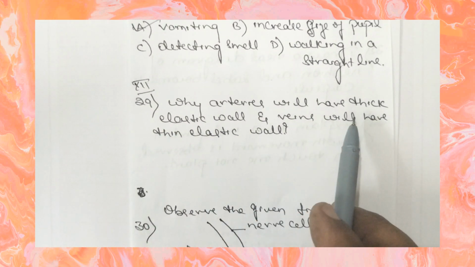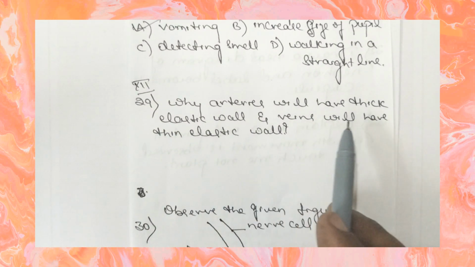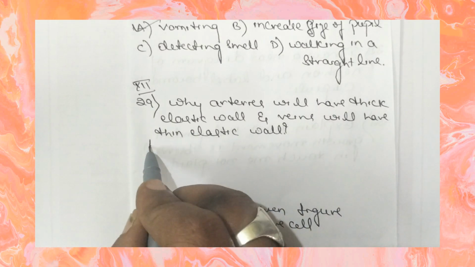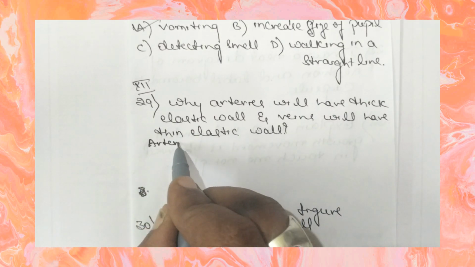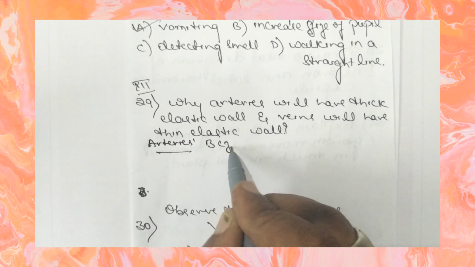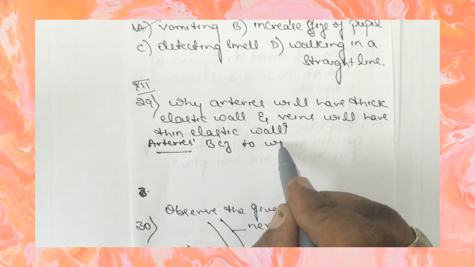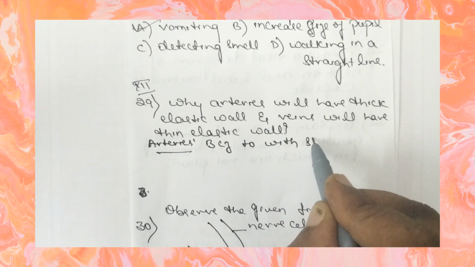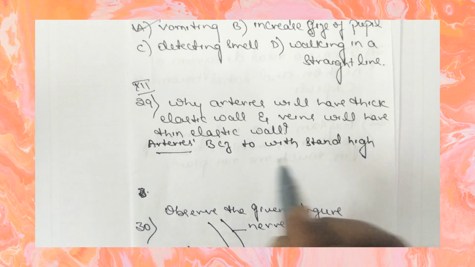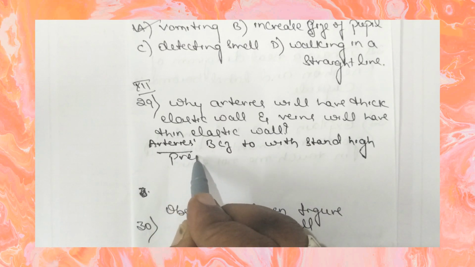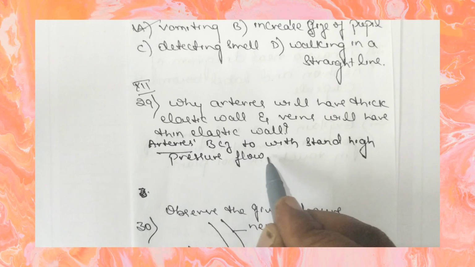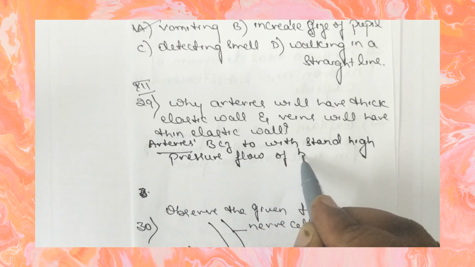So why will arteries have thick walls, thick and elastic walls, and veins have thin and elastic walls? Let us move to arteries. Because they must withstand the high pressure flow of blood.